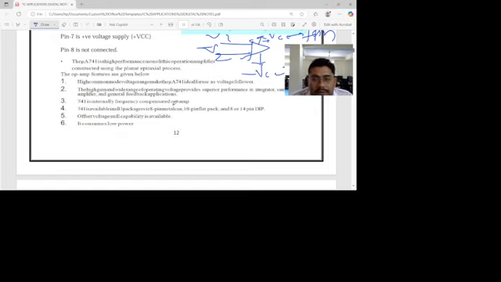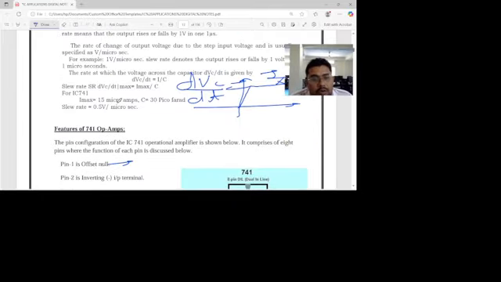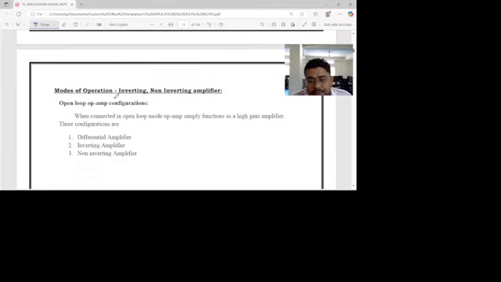Offset voltage null capability is also available. It consumes low power. So this is all about the op-amp features.